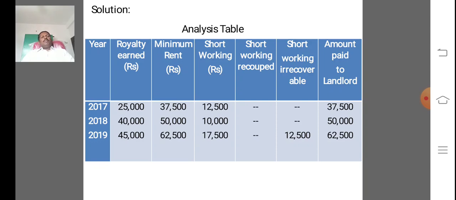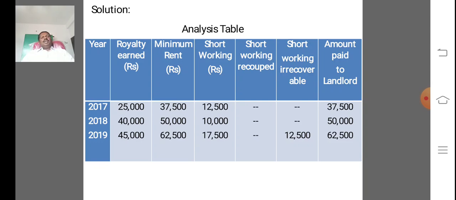So in this problem, 2017 royalty paid is 25,000 and minimum rent is 37,500, but royalty is less than minimum rent. The difference, 12,500, is the shortage. And payment to landlord 37,500.